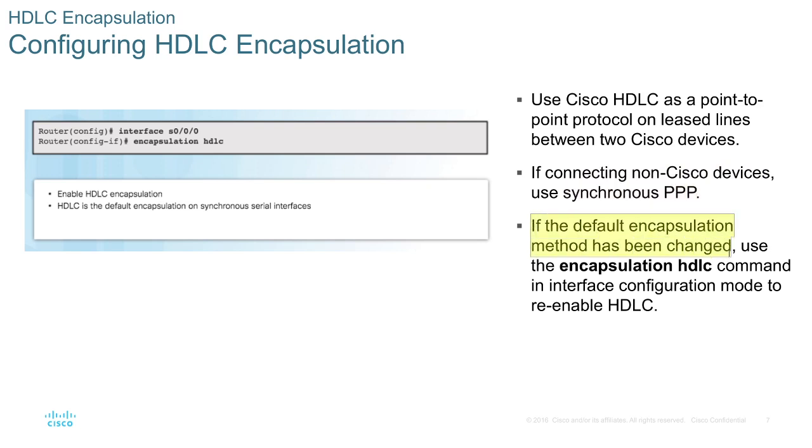But the basic idea of what we are trying to do is, we will go into the interface and we will specify that all the communication going out of that interface will have to be encapsulated with HDLC.